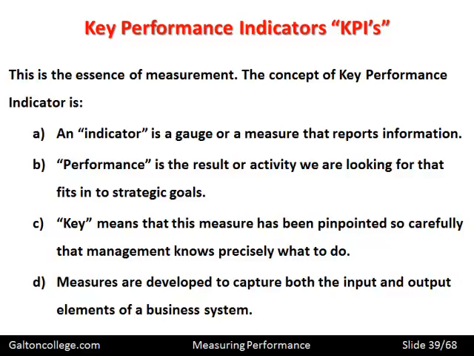And the output element: how many items were produced, how many items were purchased, how many items were delivered to market, and so on. So the key performance indicators are linked to inputs and outputs. And they also flag up any movement away from what was specified in the strategic plan.